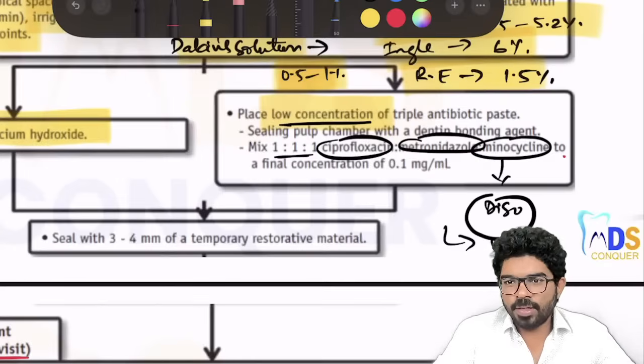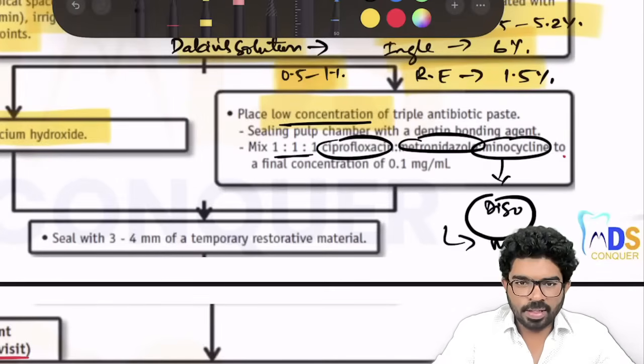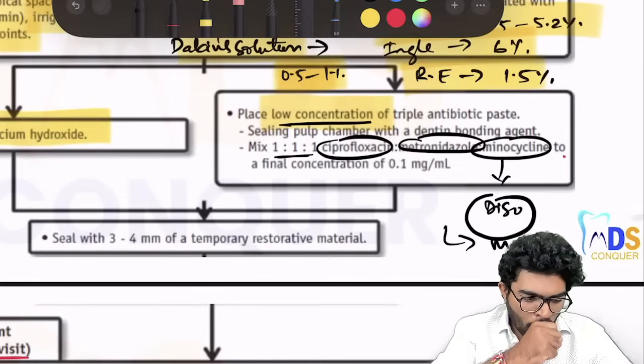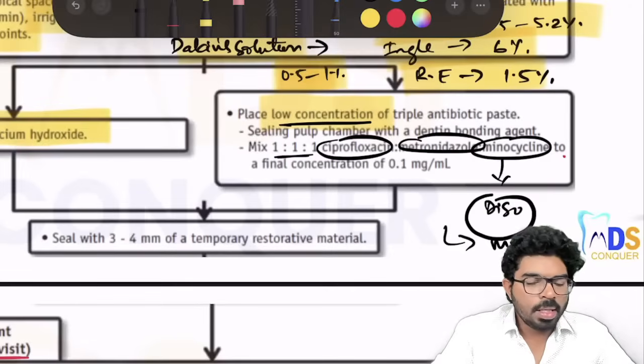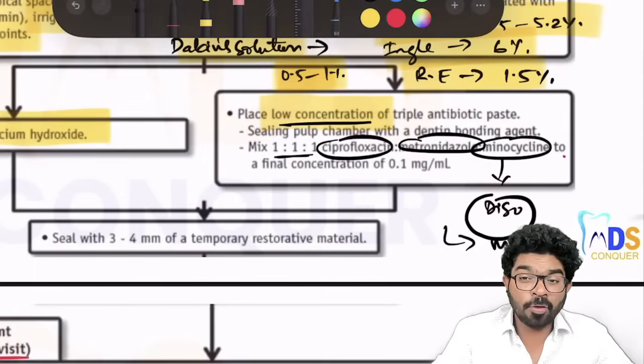And of course, after which I'm going to seal the entire cavity with Cavit. So Cavit is the one material I'm going to use in intermediate restoration, and the thickness of the Cavit is 3 to 4 millimeters. In the last class, I discussed the Cavit thickness, which is already a previous question given in your NEET examination.